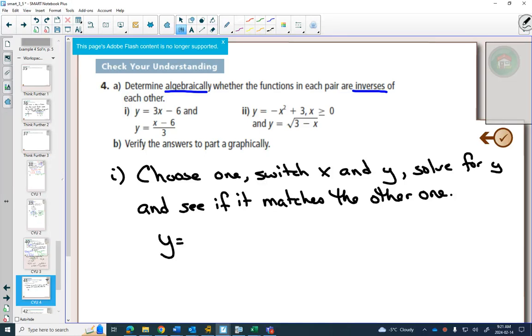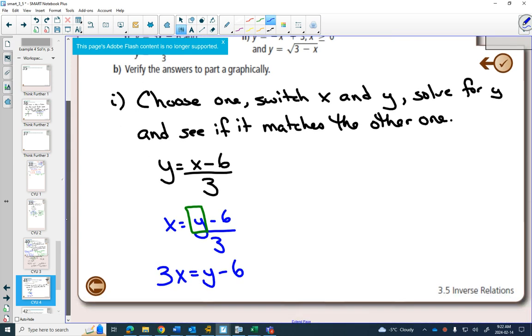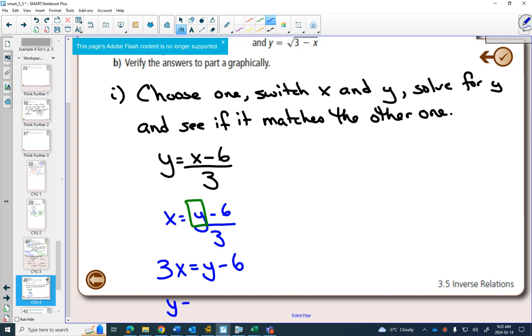in this case, if I choose this one, and I switch the x and the y, and now I want to get that y by itself, so first I'd have to multiply by 3. And finally, add the 6 to the other side.